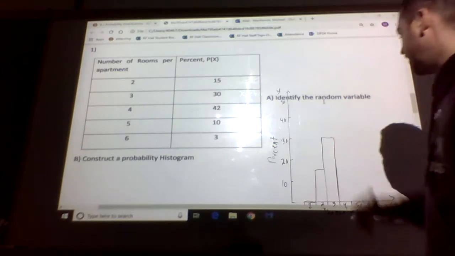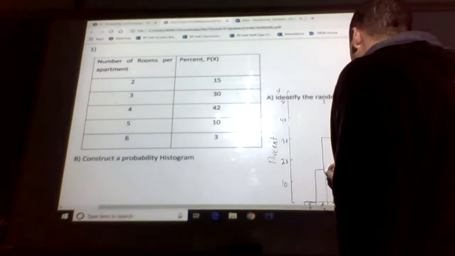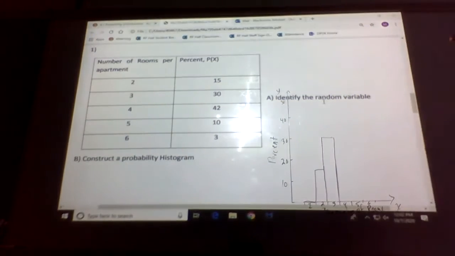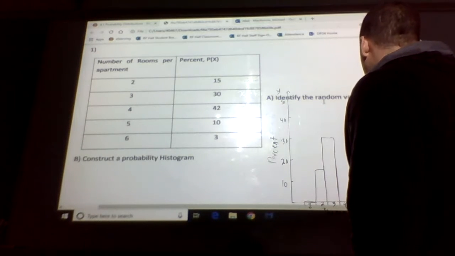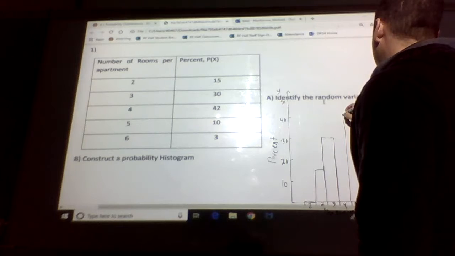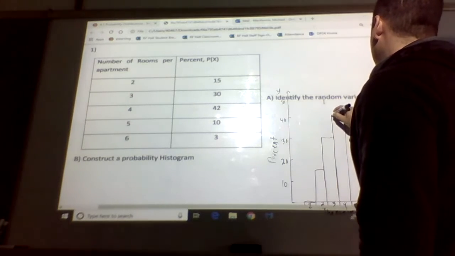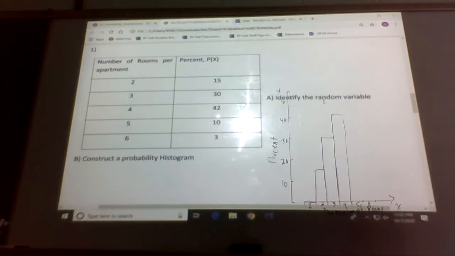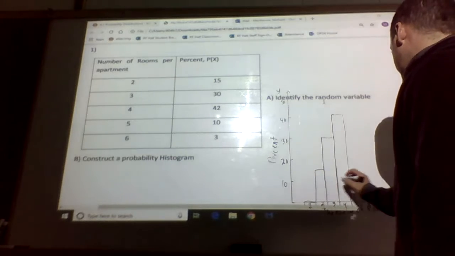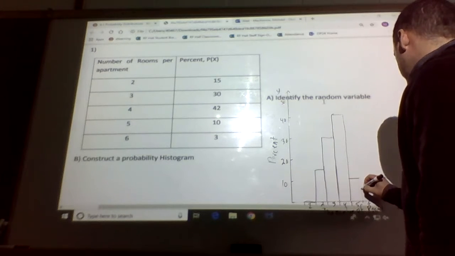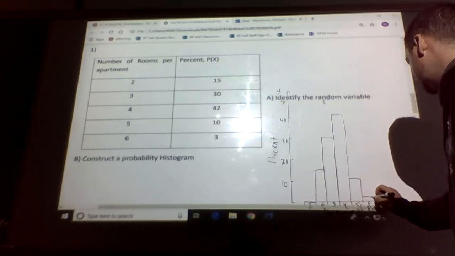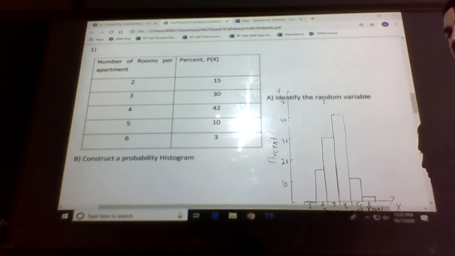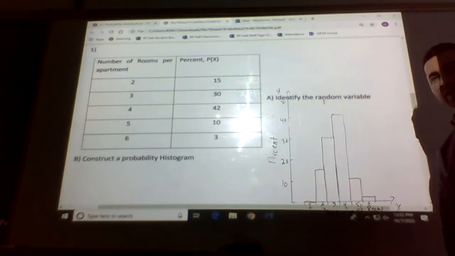Sorry, it's not very neat. So bar graph, sorry, histogram. For 4, it's 42%. For 5 rooms, it's 10%. And for 6, it's 3%. Okay, so this would be a histogram.